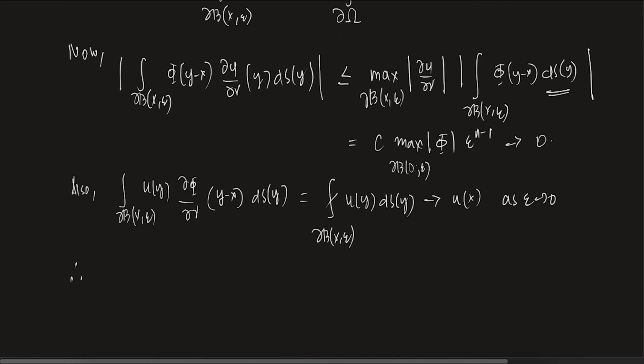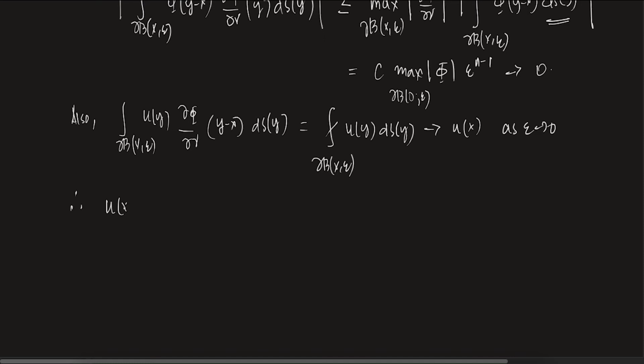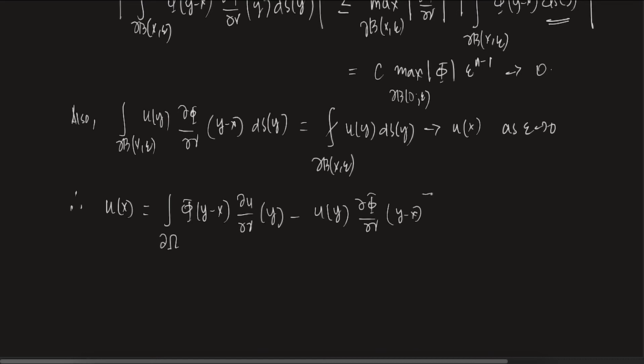So essentially, I can write it as u of x is equal to the integral over the boundary of phi of y minus x del u by del gamma of y, minus u of y del phi by del gamma of y minus x, dS(y), minus the integral over omega of phi of y minus x Laplacian of u of y dy.